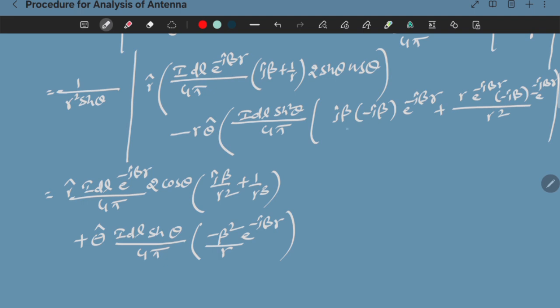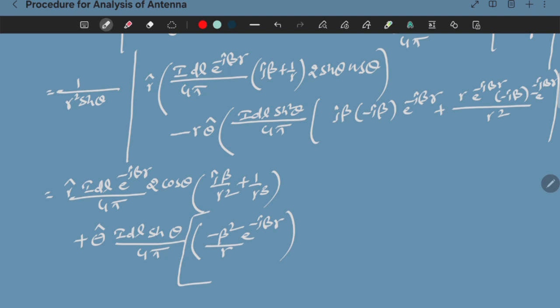So here in the second term, we have again theta cap only. And I dl sin theta is there. By 4 pi is also there. Now I'm taking this part as common.